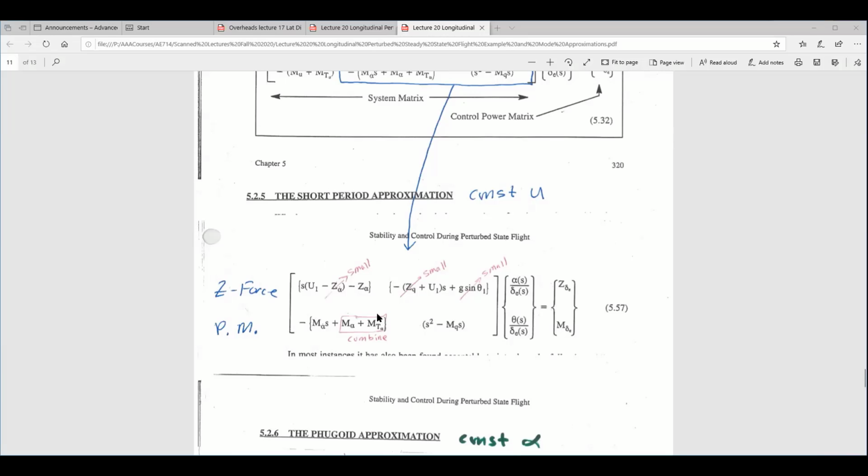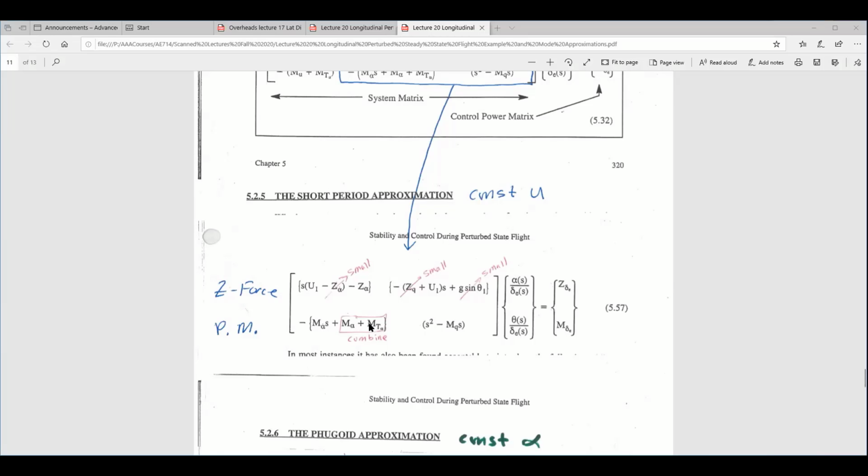So notice that there's a couple other assumptions that he does, and I've done those in red here. He says z alpha dot is small to reduce this, zq is small, and we're going to say that we're flying at a pretty shallow flight path angle, and he combines these two M alpha terms into one. It just means you have to add both of them together.